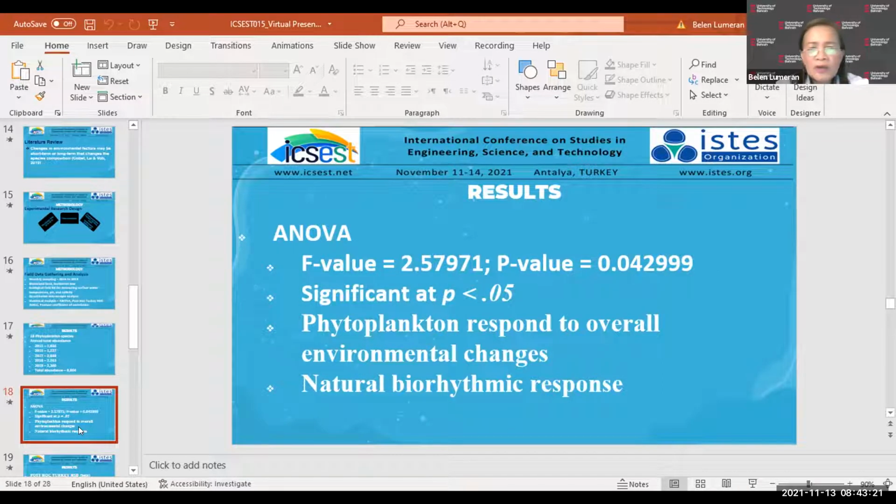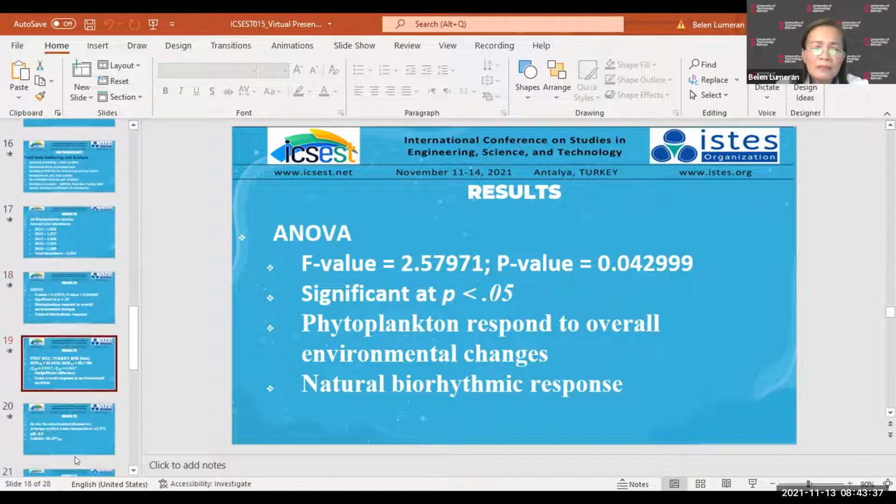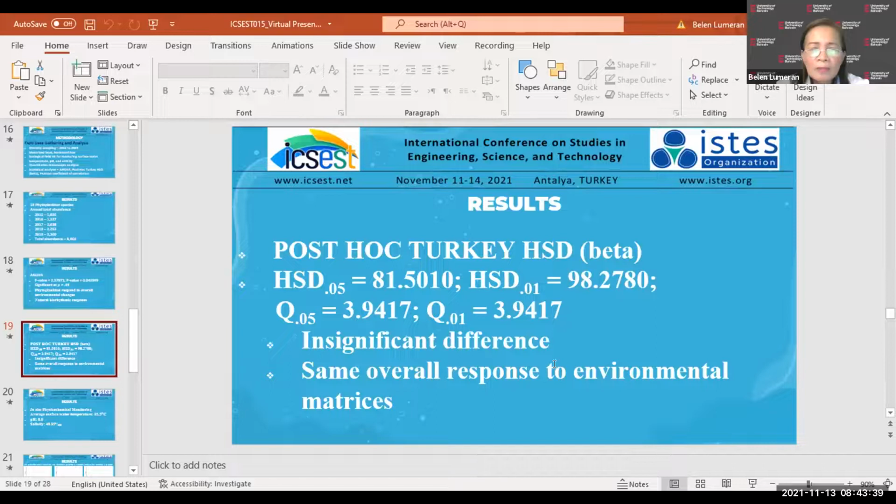ANOVA revealed a significant difference at 0.05, which means that phytoplankton respond to overall environmental changes, although this response is still a natural biorhythmic response. Post-hoc Tukey's HSD, on the other hand, revealed an insignificant difference, such that there is the same overall response to the measured environmental factors such as the surface water temperature, pH, and salinity.